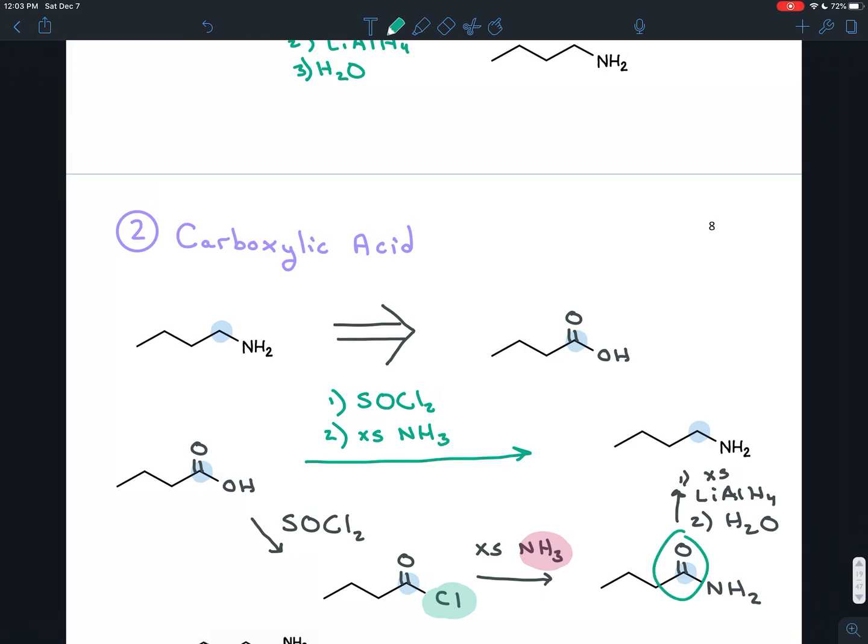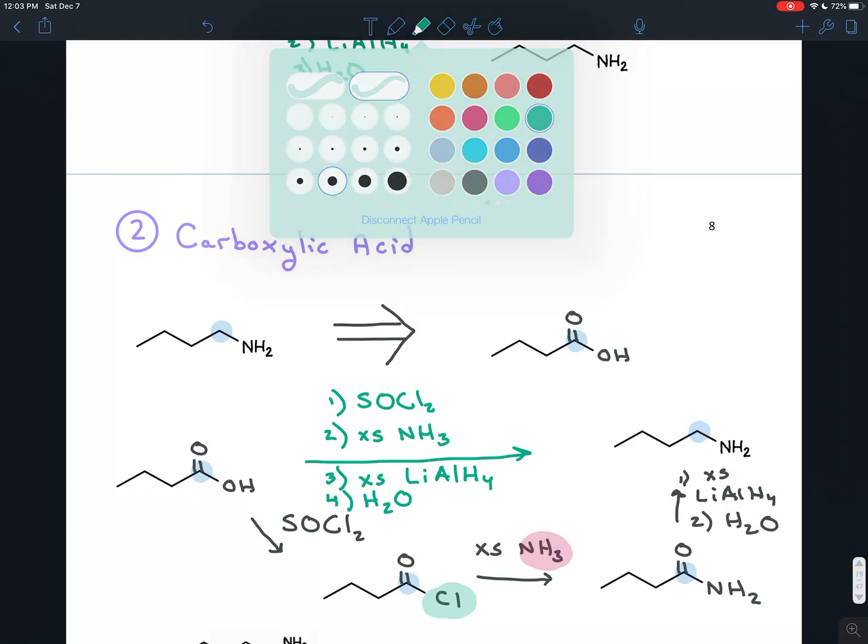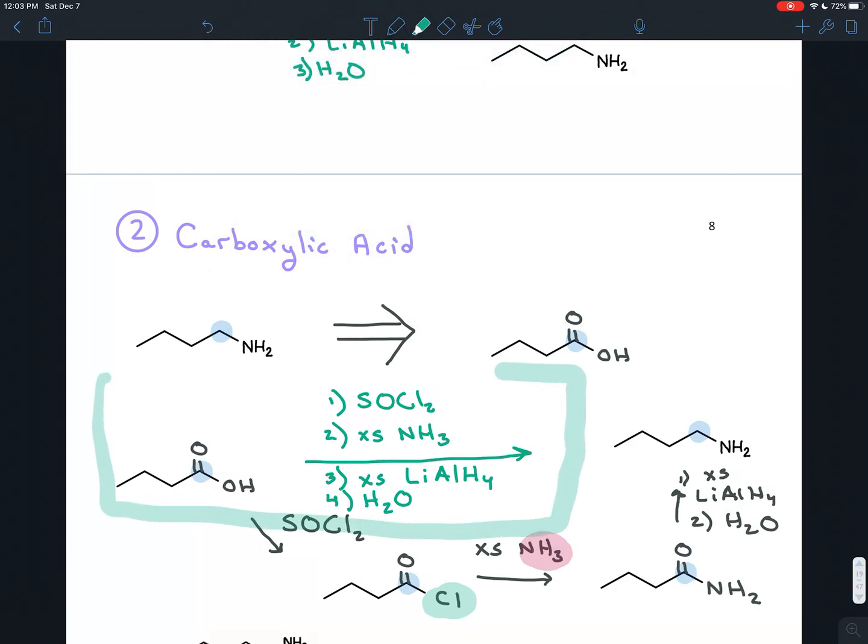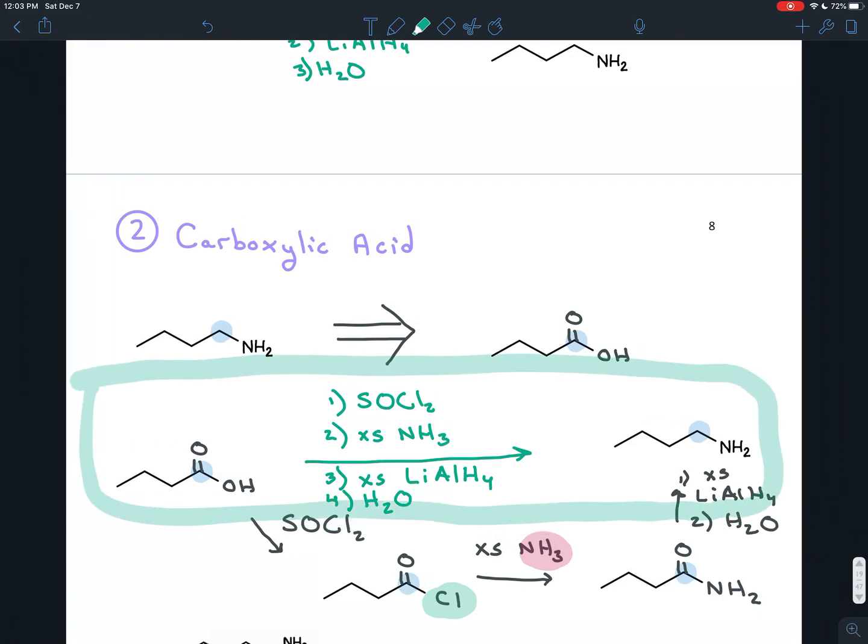Then we reduce the bonds to oxygen using a strong reducing agent like lithium aluminum hydride. You'll want to use excess of it because we have to reduce that carbon twice. We have to replace 2 bonds to oxygen with bonds to hydrogen, so excess, and then just do a water wash to stabilize the charges you created there. And so this synthesis here would be the way that you can make this amine from that carboxylic acid.